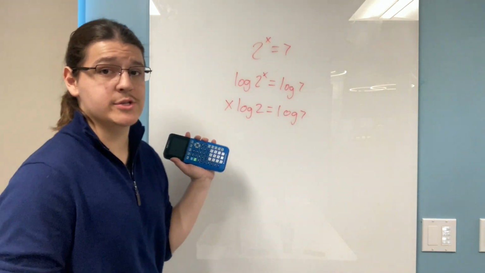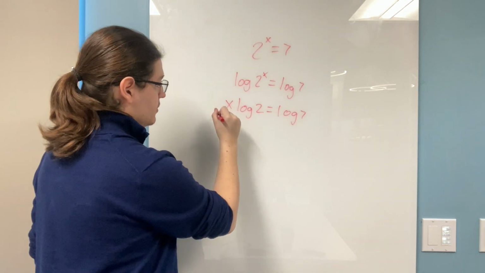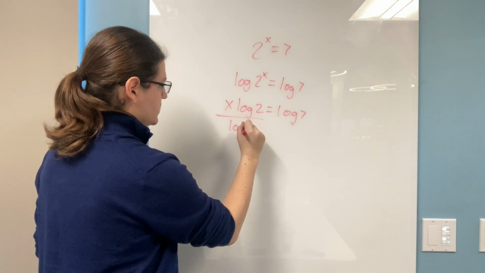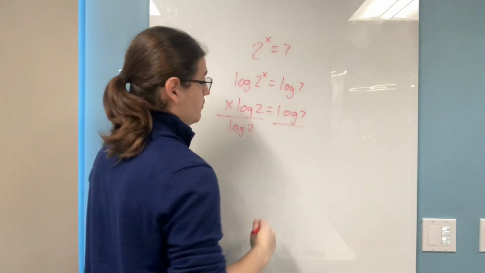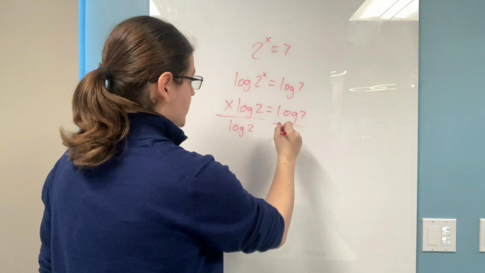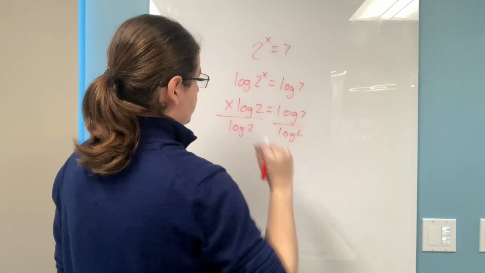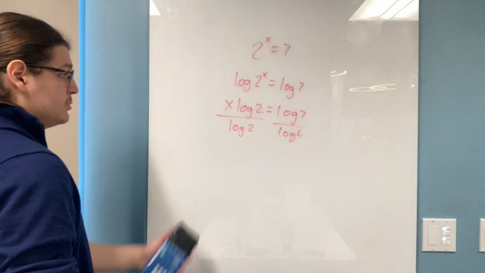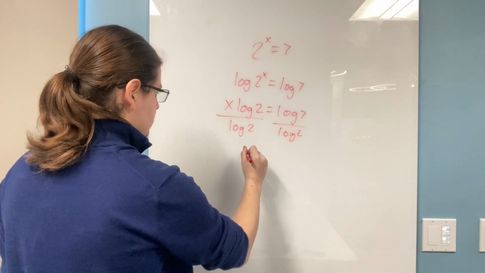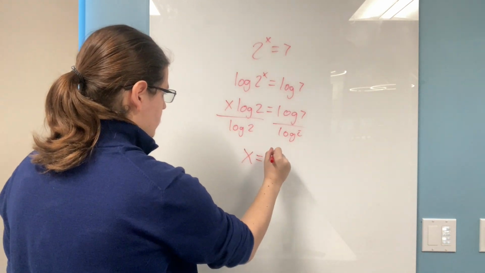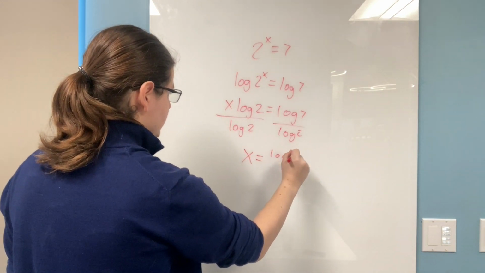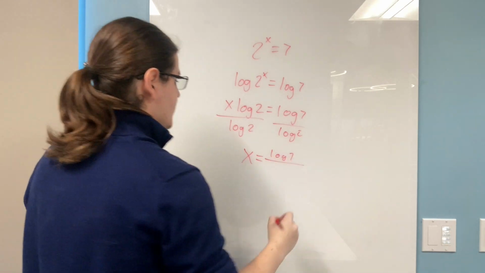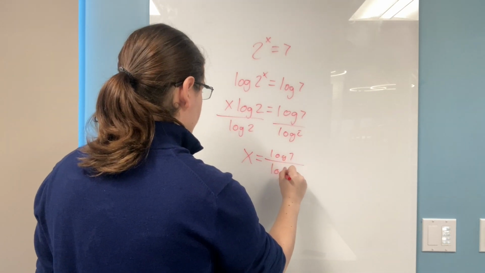Now we want x on its own, so we're going to divide both sides by log 2, not base, just log 2. And so through simplification, x is equal to log of 7 divided by log of 2.